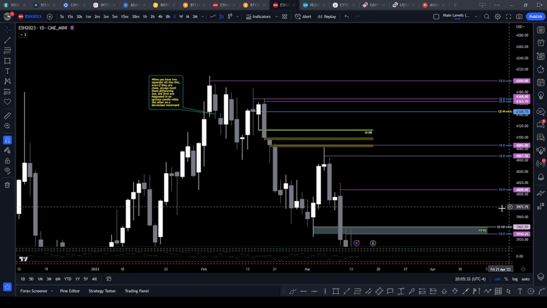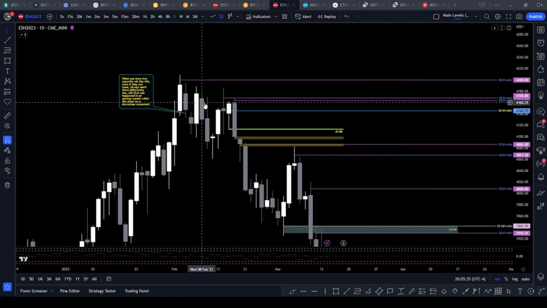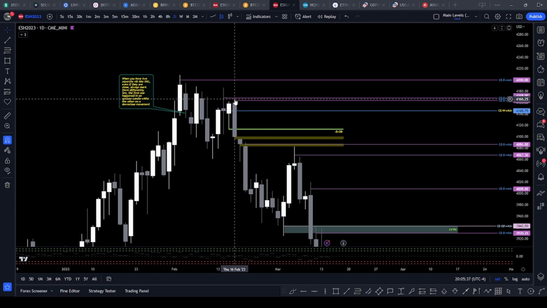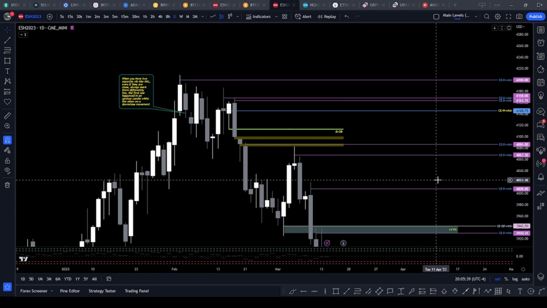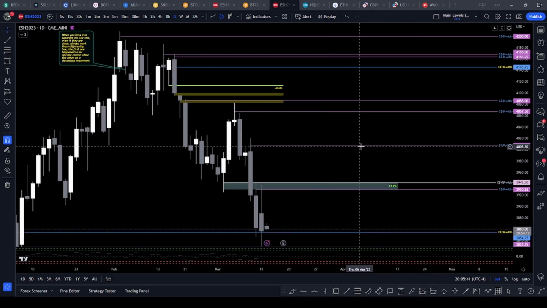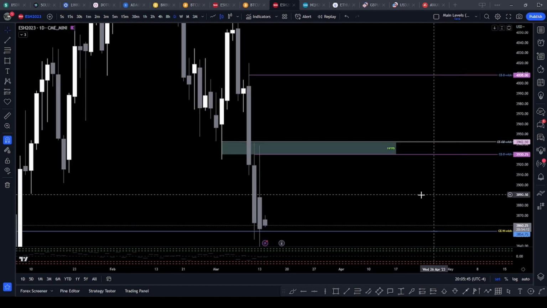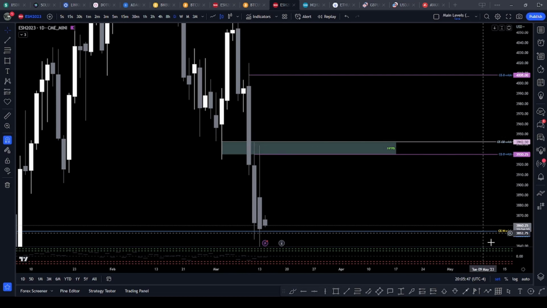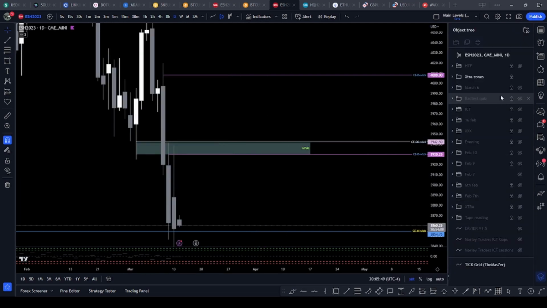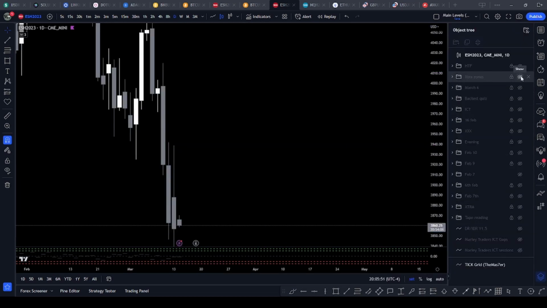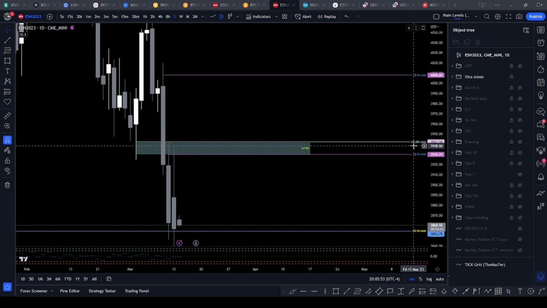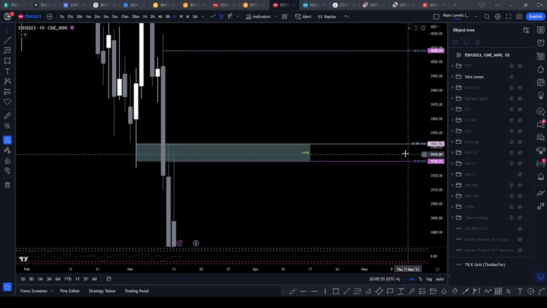See how we were able to use this to short. Again, I mark this out. So this is where I use the one called consequent encroachment old daily wick.